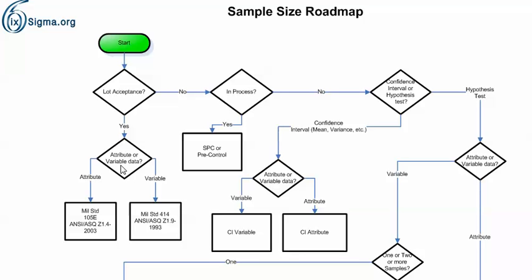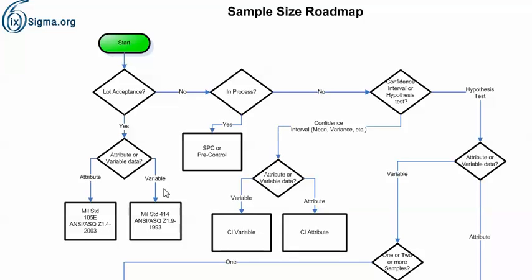In other words, is it attributes you're checking, or variable type data, or characteristics that you're checking? If it's attribute, then you're going to use a now decommissioned US military standard 105E. It's still available out on the internet. You can go and look at it there. If you'd like an updated copy, it comes from ASQ, and it's ASQ Z1.4.